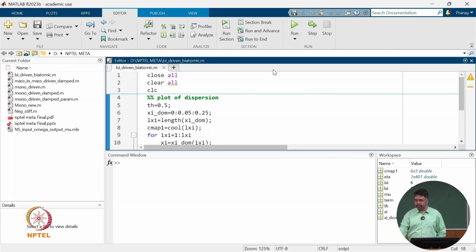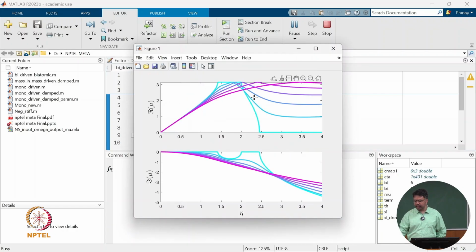Okay, so in the biatomic or diatomic chain, you can also see that the dispersion will come somewhat like this. Here your wave will go up, and you can again see that it is going down. You previously had just a small amount of damping portion, and again you have a propagation band.